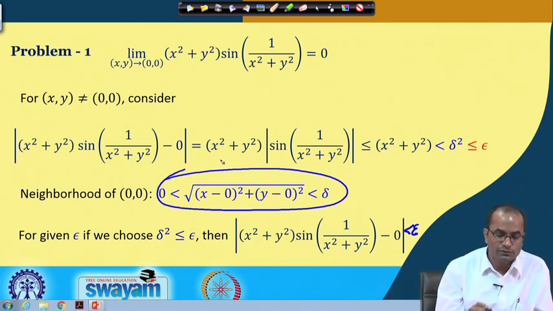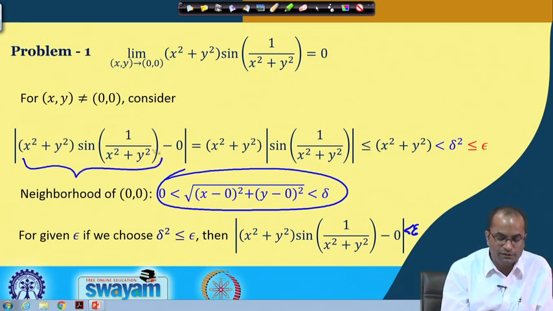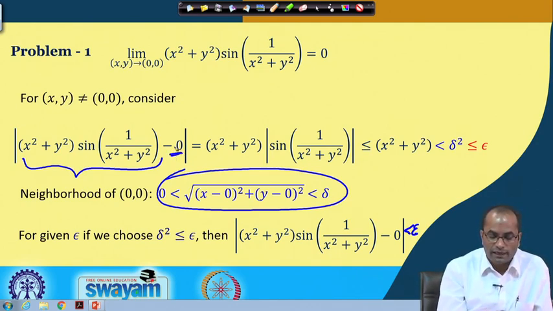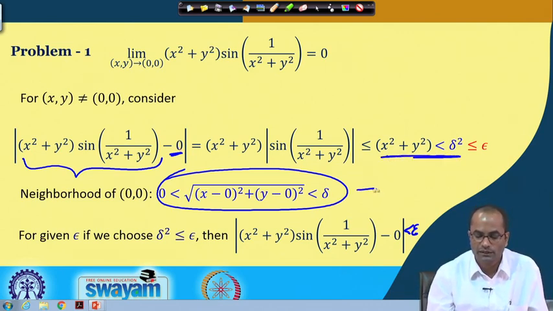So, again just to recall: we started with the difference between the function value at any point (x,y) not equal to (0,0) and its limiting value, and somehow we have to write this difference in terms of x square plus y square, so that we can use the delta inequality from the neighborhood of the (x naught, y naught) point, which is (0,0) in this case.